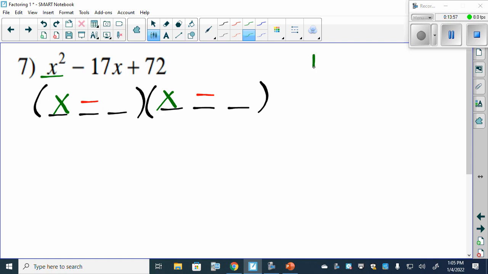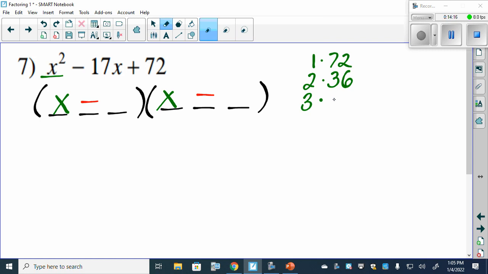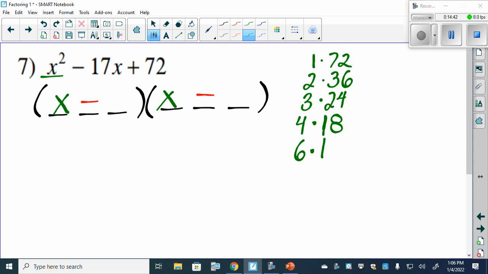Now we need to find the factors of 72. Well, 1 and 72. 2 and 36. 3 and 24. 4 and 18. 5 doesn't work because it doesn't end in a 0 or a 5, but 6 does. 6 times 12. 7 doesn't work, but 8 and 9.